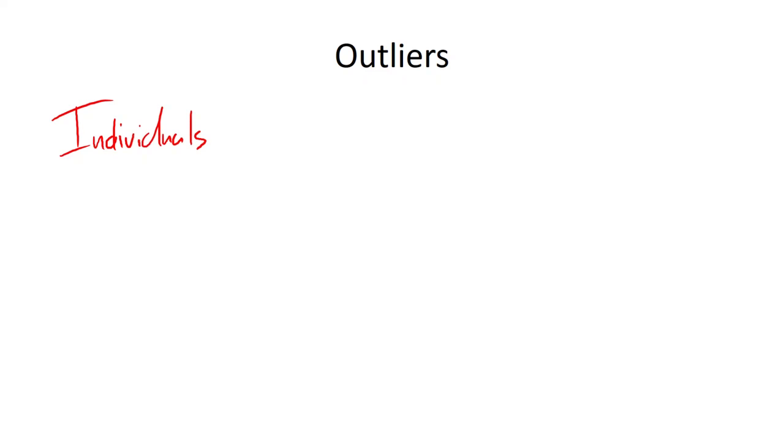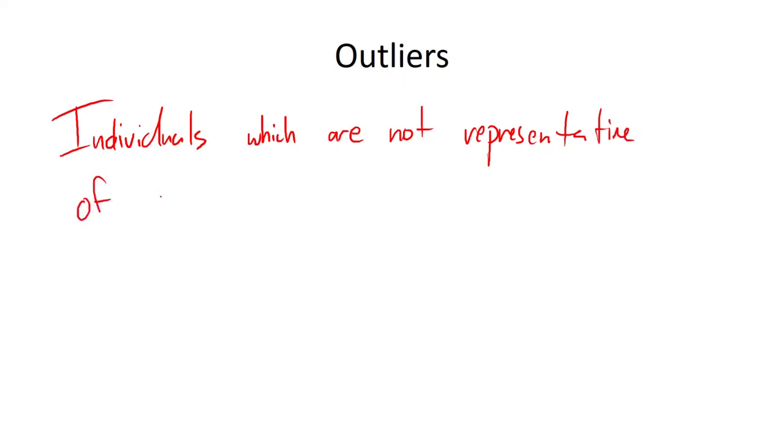So I just define outliers: these are individuals which are not representative of the majority of the population. That's not an exact definition. Lots of people could define it a lot of different ways, but that's the way I think of an outlier.